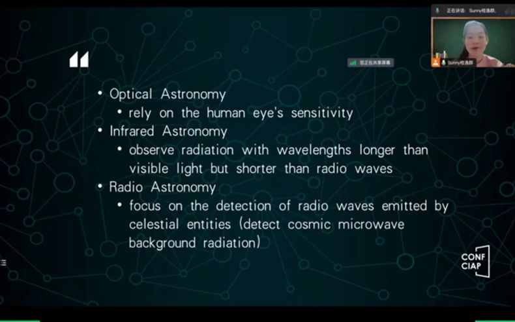The first one is optical astronomy, which relies on the human eye's sensitivity. And the second one is infrared astronomy, where scientists observe radiation with wavelengths longer than visible light, but shorter than radio waves.